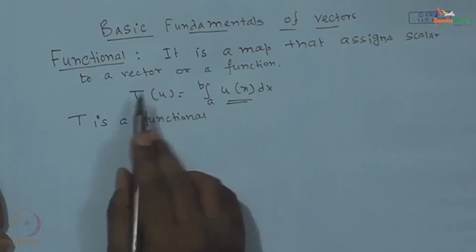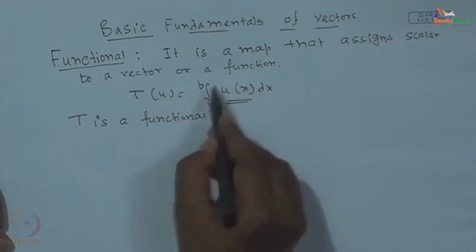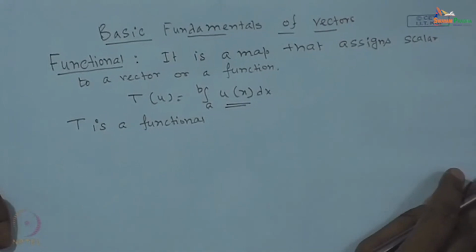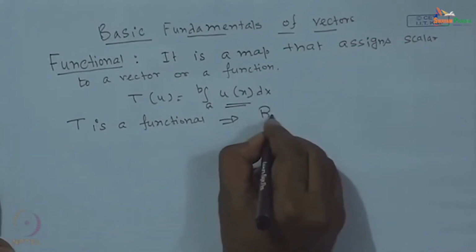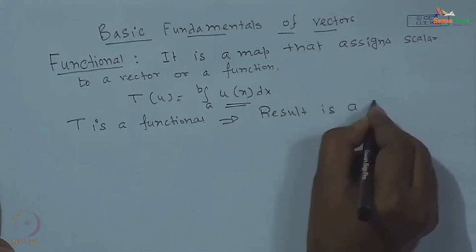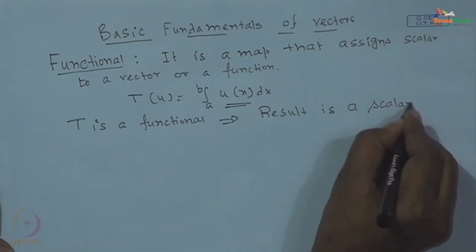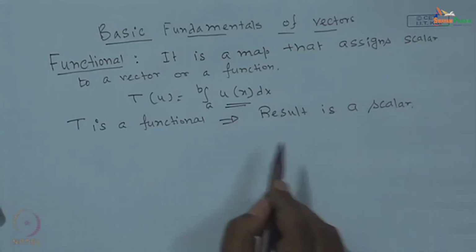This functional operates on u(x) within the limit a to b in this particular manner. It is in the form of integration. So, what is the result? The result is a scalar. The result is basically a point, and that point is nothing but a scalar.